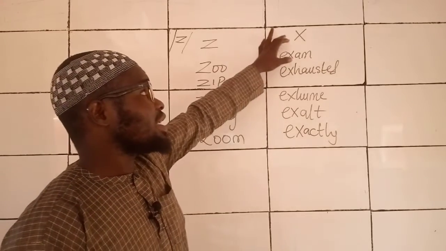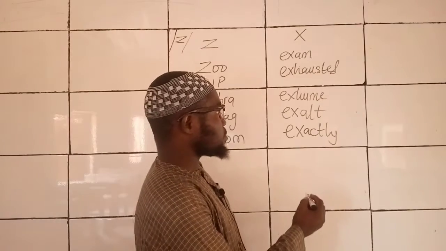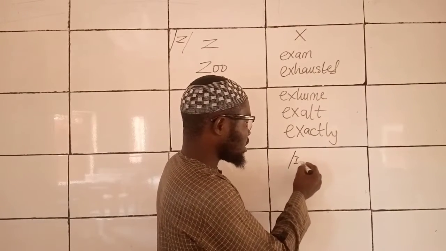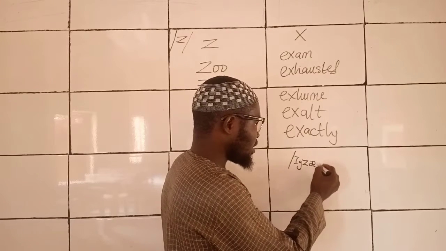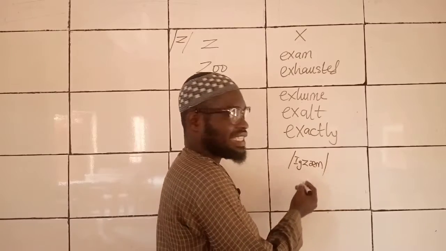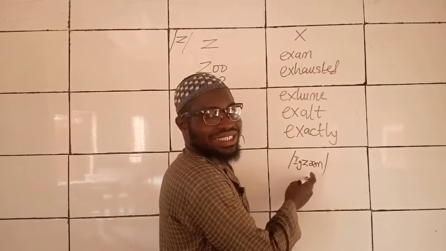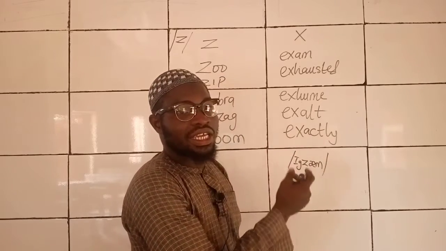So that means letter X here has two transcriptions. For example, exam is to be transcribed with E, G, Z, then A, and then M. So X here has G and Z. Both sounds are encapsulated in letter X.